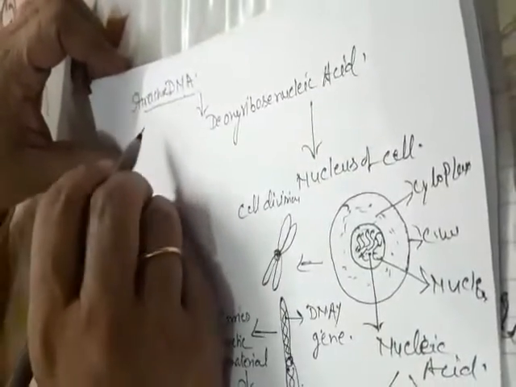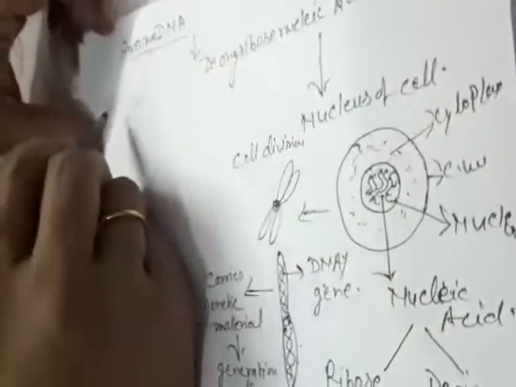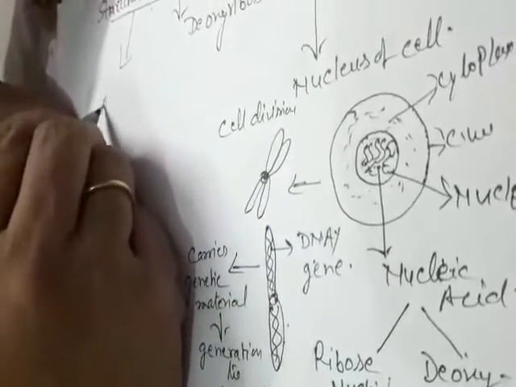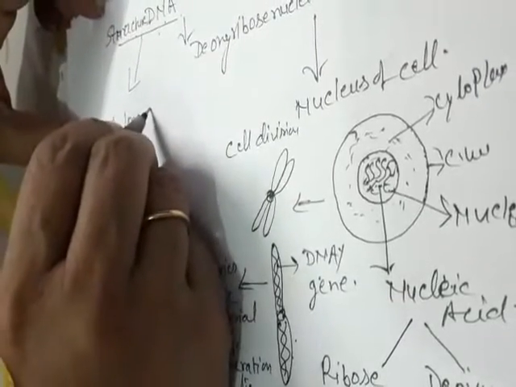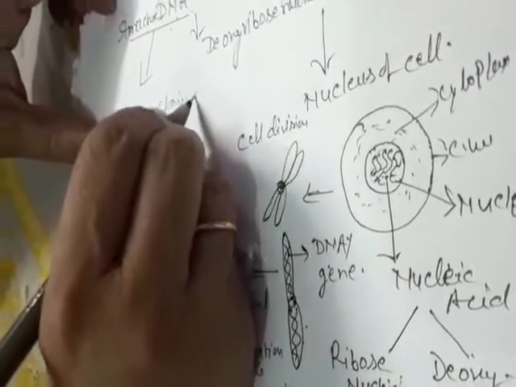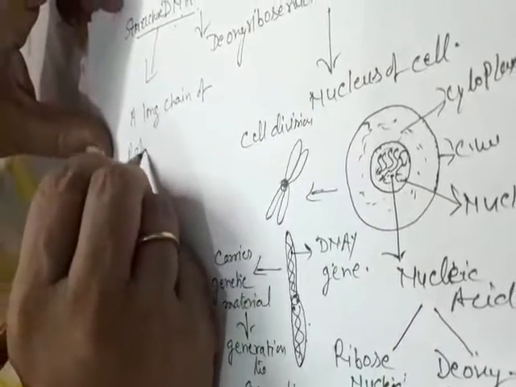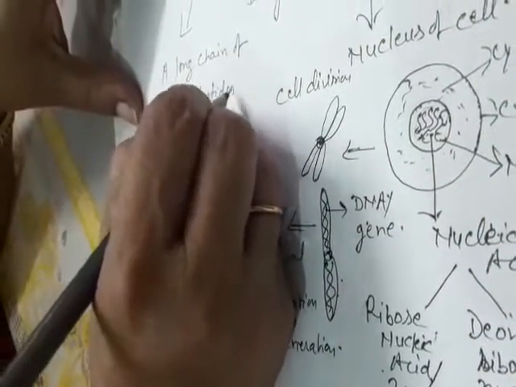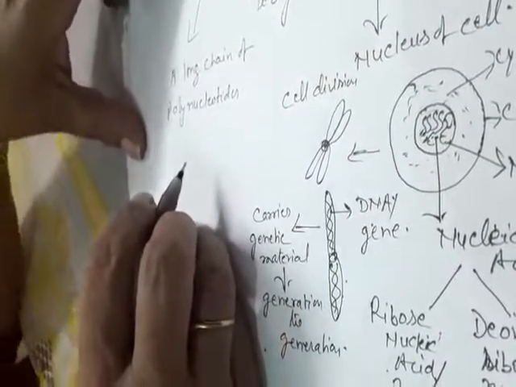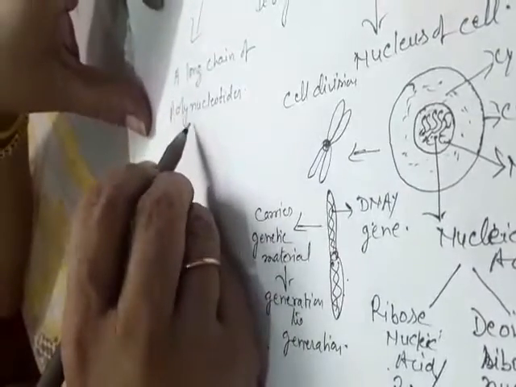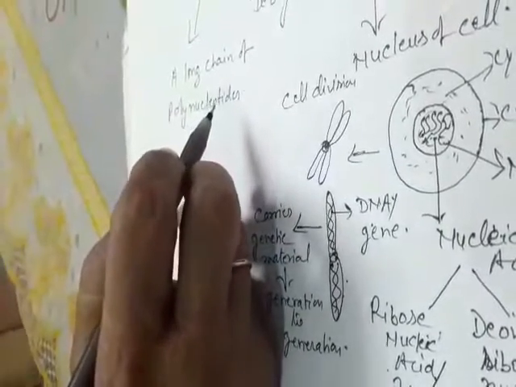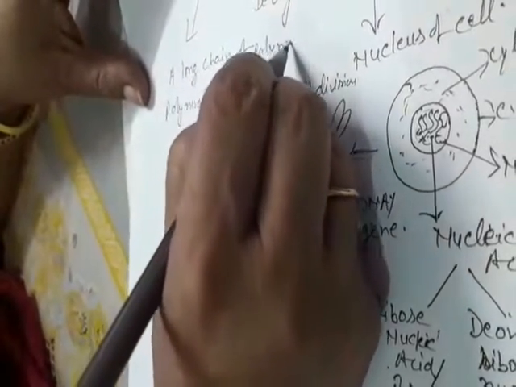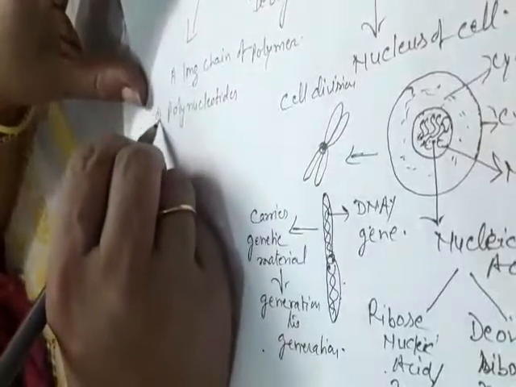Now we discuss DNA. DNA is a long chain of polynucleotides, a long polymer of polynucleotide.